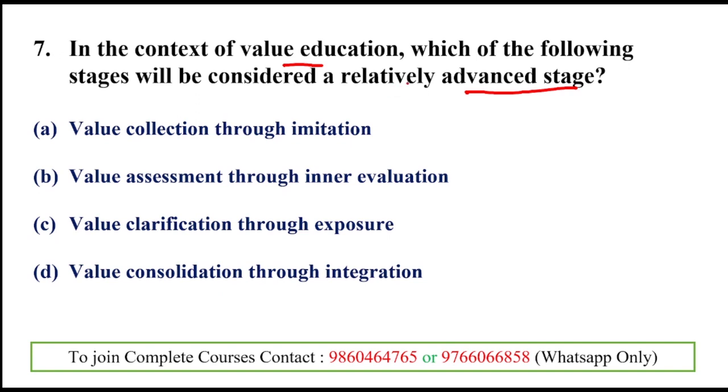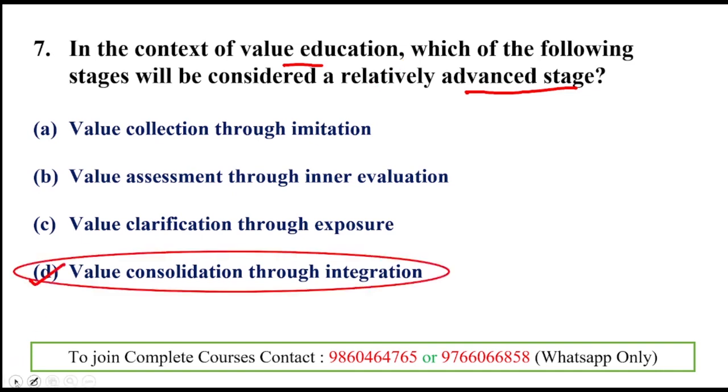In consolidation, you can see the integration of all the values. For a nation also, after 1947 we got independence, slowly we moved to the development part, and at last we got national integration. Like that, for values also, the last or advanced stage is the consolidation or integration part. Clear? So option D is the right answer.